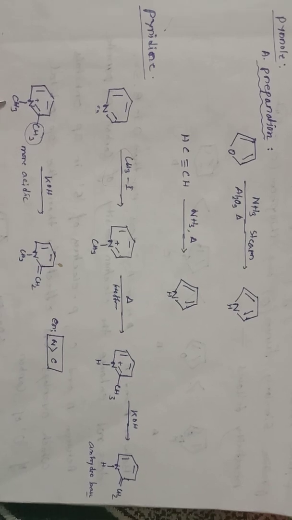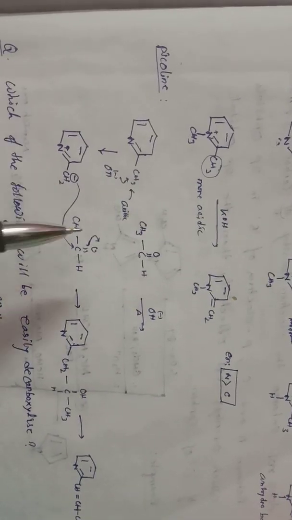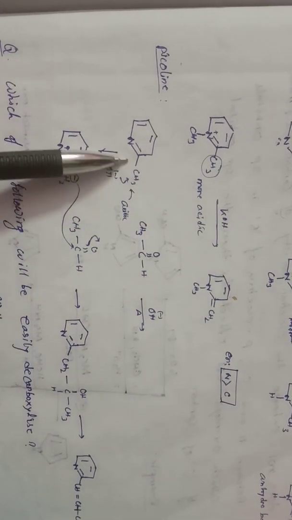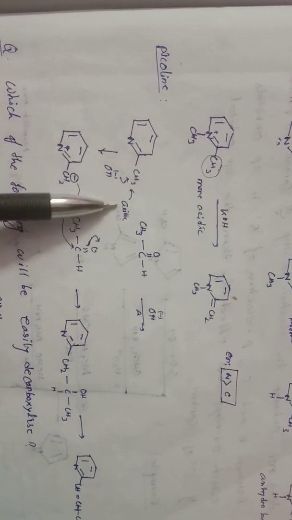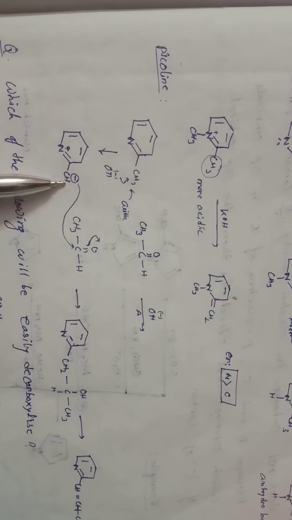Now if we react this compound with OH minus, first of all we get this product, this base, this nucleophile, which we may say is CH2 minus.